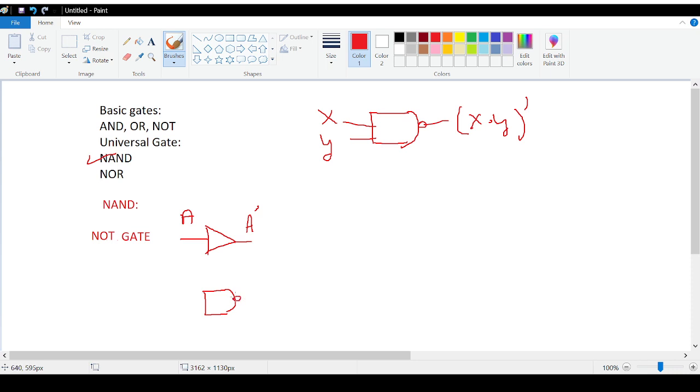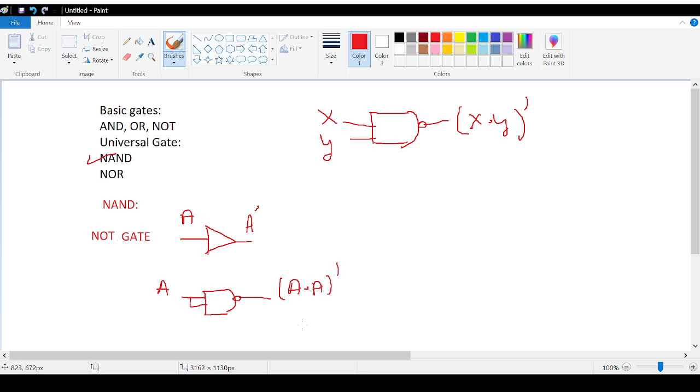Now let's see, if I have a NAND gate, how can I turn this into a NOT gate such that I insert A here and as an output I get A bar? What we can do is short both the inputs and put A here. A will go through this input because I've shorted it, and A will also go through this input. So the output will be AND of both inputs, and both inputs are taking A. So A and A, whole bar.